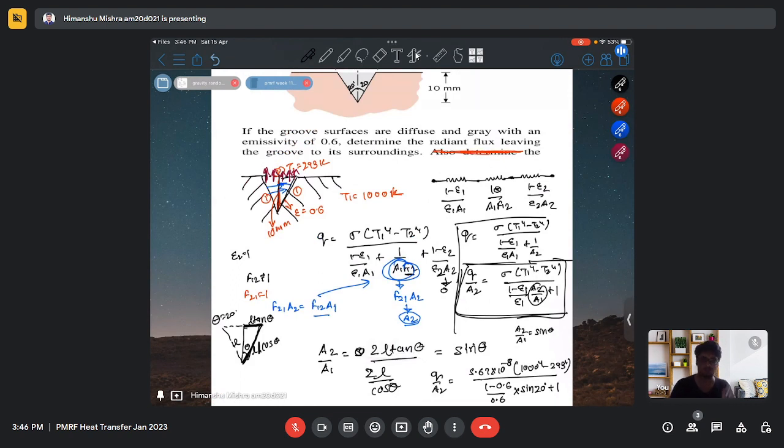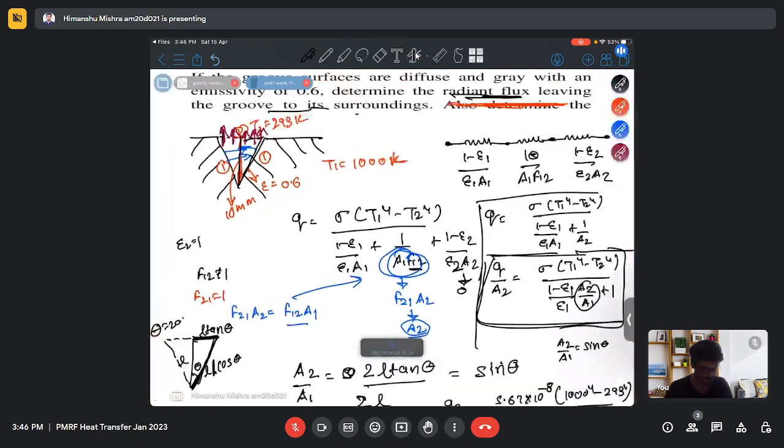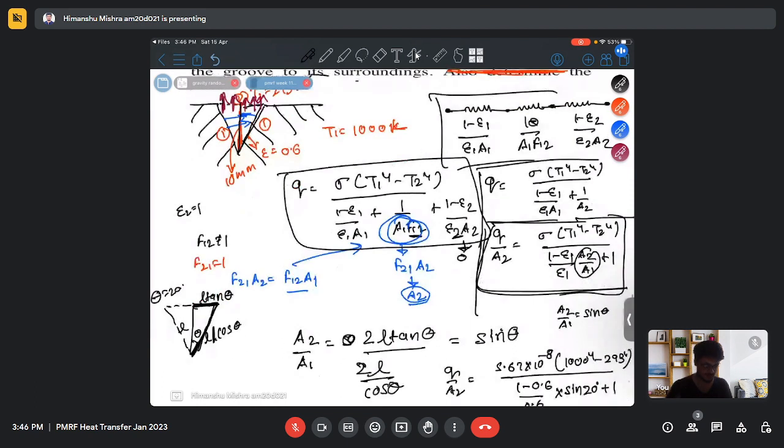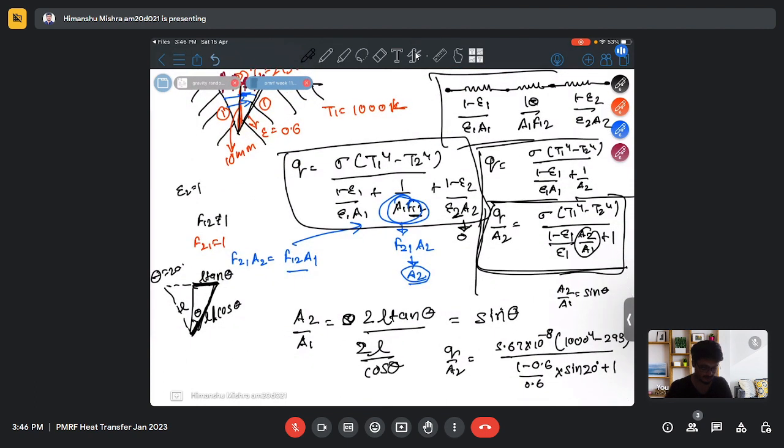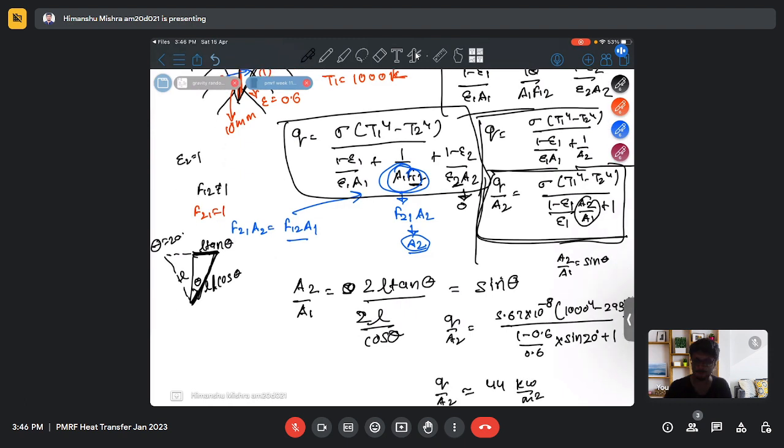So the question was similar to the previous one. We have been given the triangular groove and asked to calculate the radiant flux leaving the groove to its surroundings. So basically we are asked to find the radiation heat transfer leaving the surface to the surrounding. We used a resistance concept to formulate the total heat transfer, and from inspection we found the shape factor f21, and then we used the reciprocity theorem to find the shape factor f12.